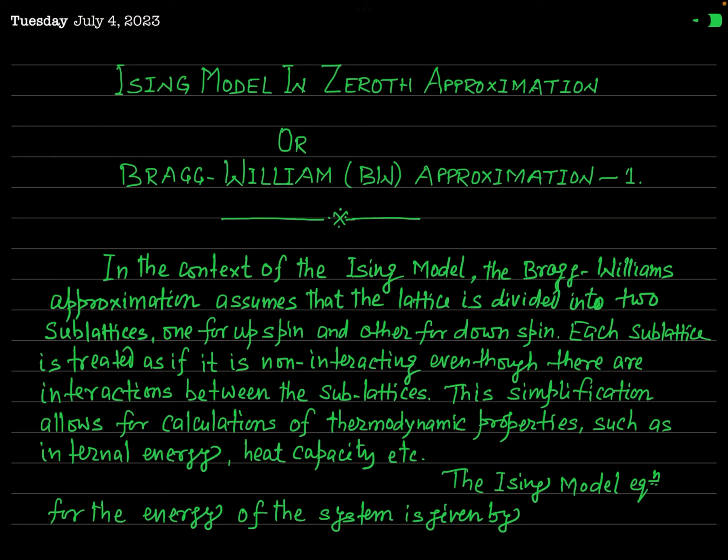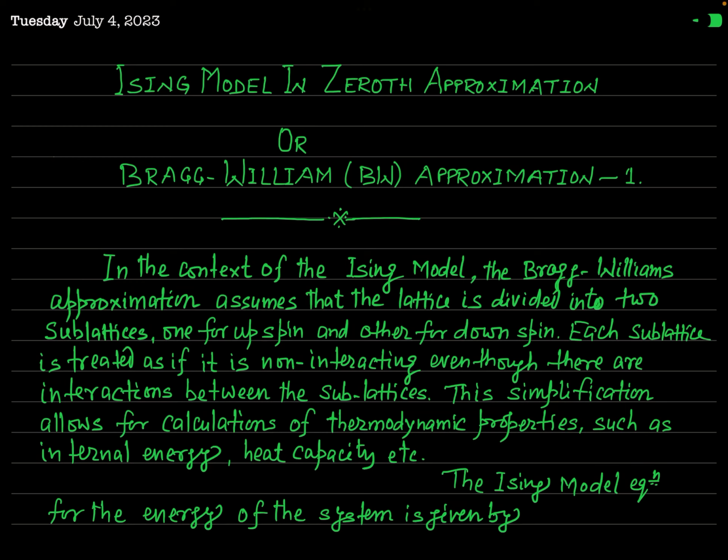Actually, there will be a very complicated mathematics when we will not use the approximation method. So there are several approximation methods to deal with the problem related to the Ising model, and one of them is most important, and that is Bragg-Williams approximation.